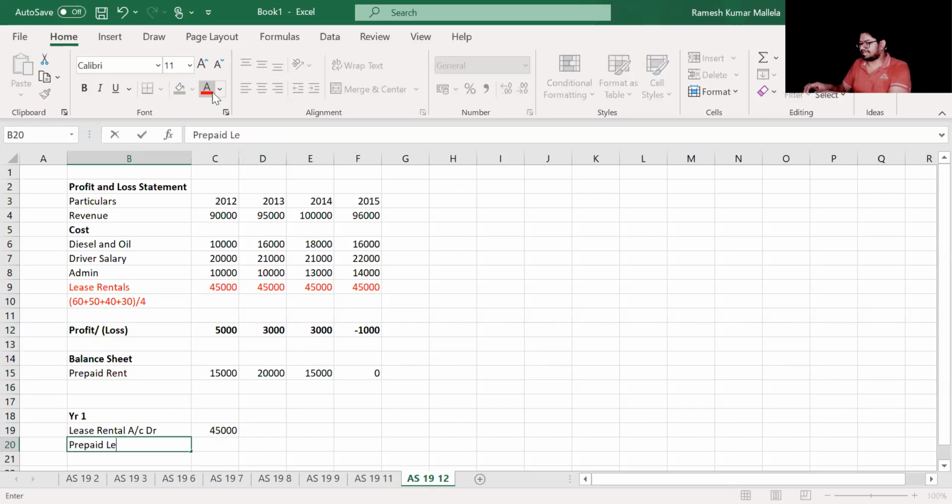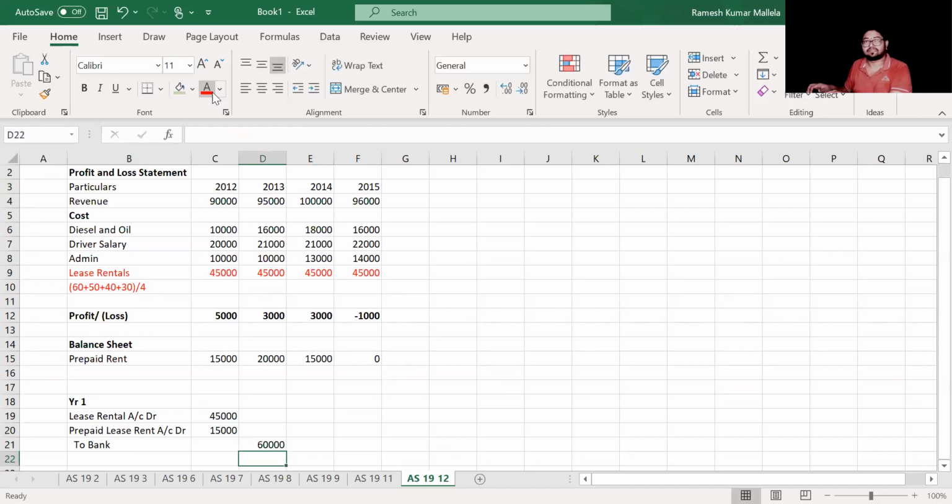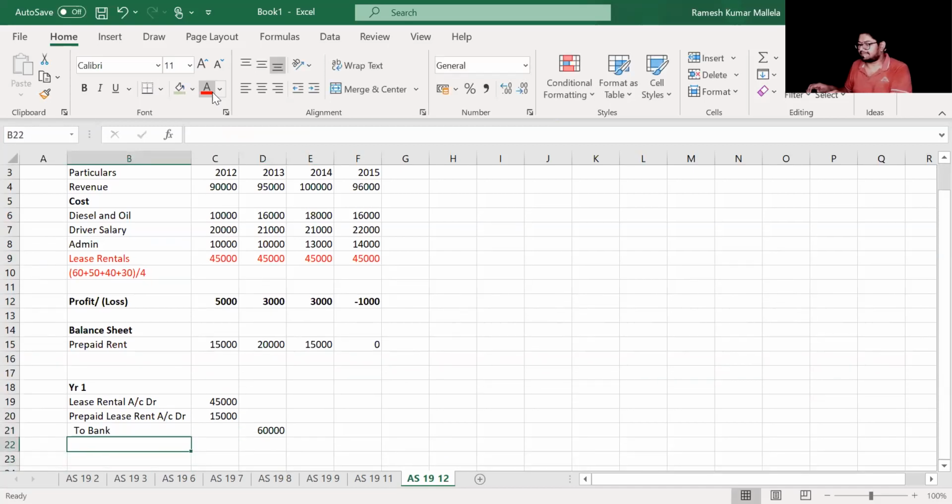Prepaid lease rent account debit 15,000. To bank for the first year. To bank 60,000. Clear? Second year, what's happening?